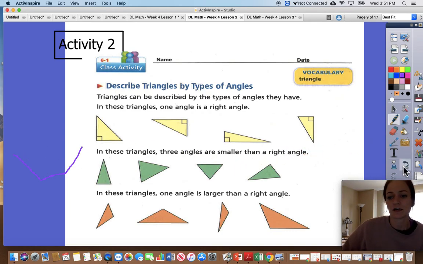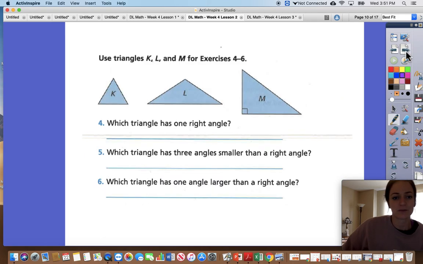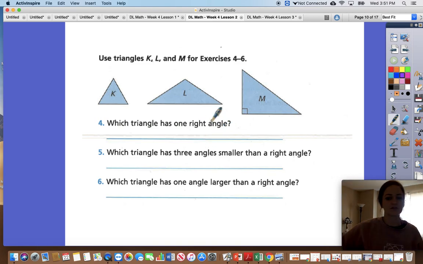All right, let's go to the next part. So which triangle has one right angle? If you look at K, L, and M, which one has a right angle? M, right? Okay, so I'm going to write M. Which triangle has all three angles smaller than a right angle?